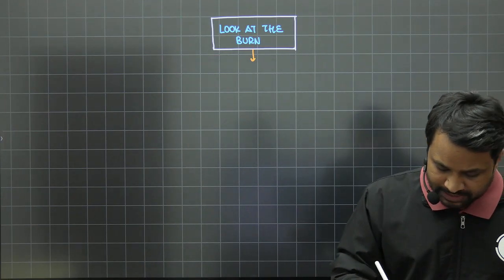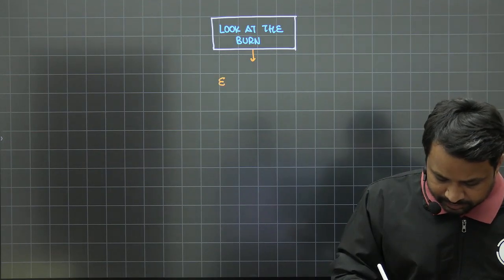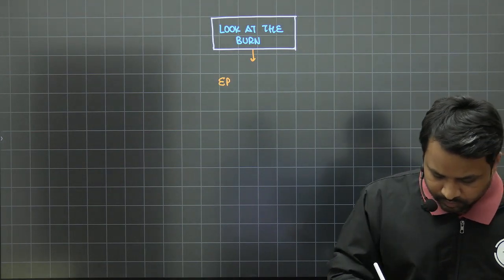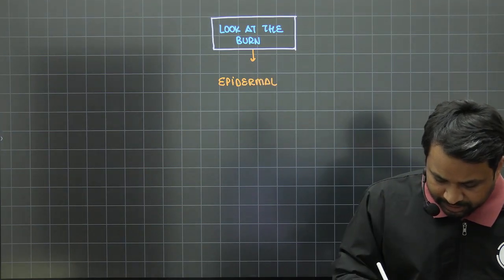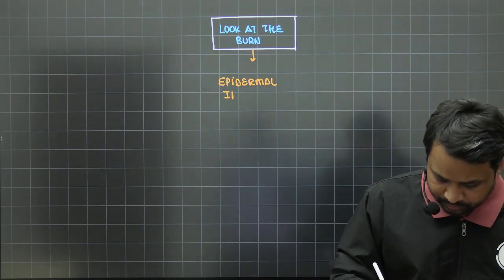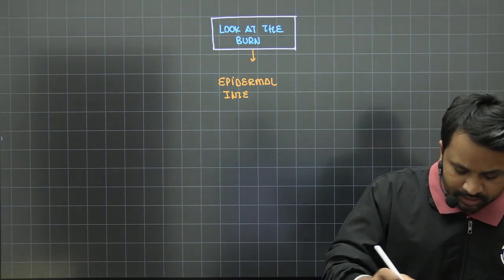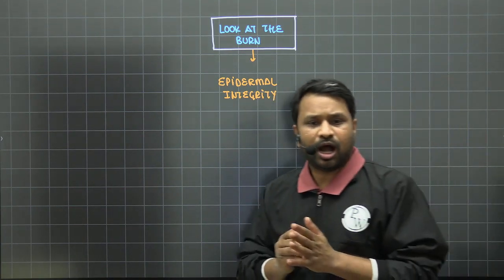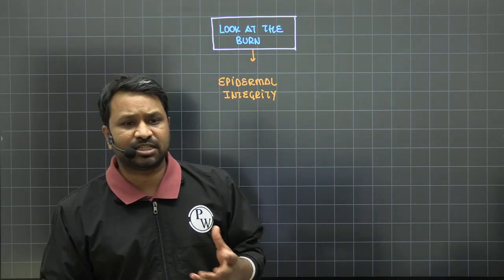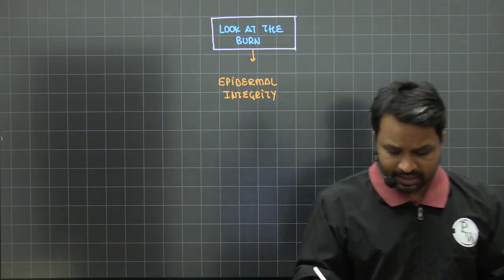So we say the epidermal integrity. Is it maintained or not? Now how do you assess the epidermal integrity? कैसे पता चलेगा कि epidermis intact है कि नहीं है?